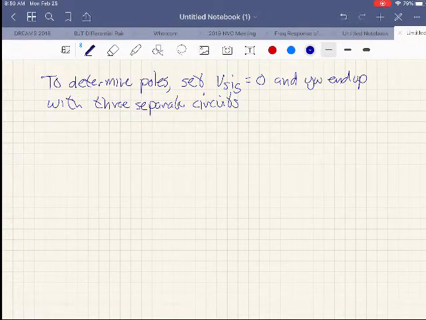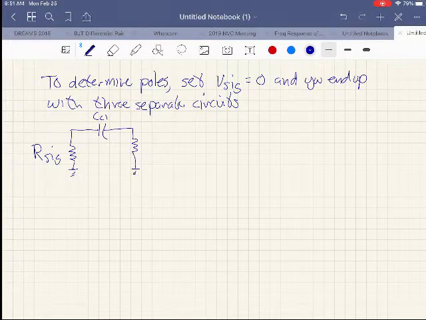If we look at CC1 and we short out the source, we've got source resistance still there. The voltage source itself is shorted out though. So we have CC1 and our gate resistor here.